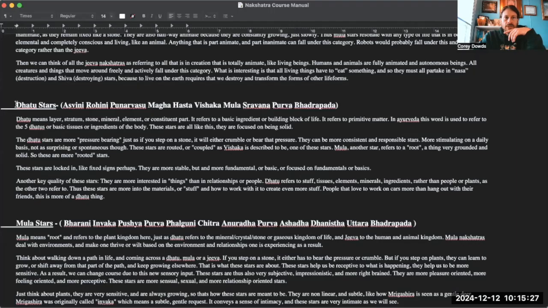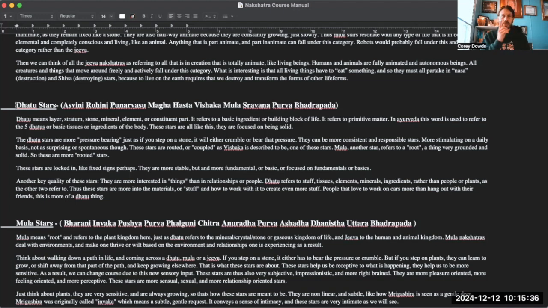Let me elaborate more on this. The Dhatu stars: Dhatu represents a mineral or constituent attribute, like I've already explained. If you refer back to the manual, here I'll share the screen. Dhatu stars: Ashwini, Rohini, Punarvasu, Magha, Hasta, Vishaka, Mula, Shravana, Purva Bhadrapada.